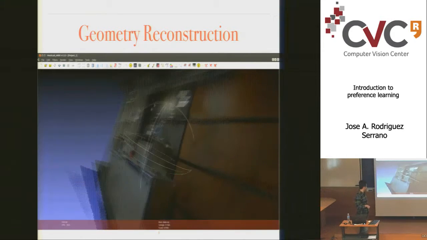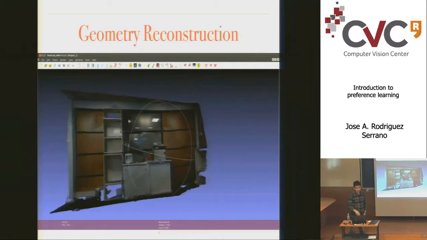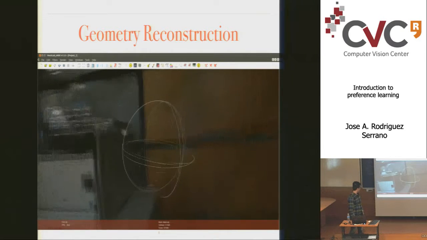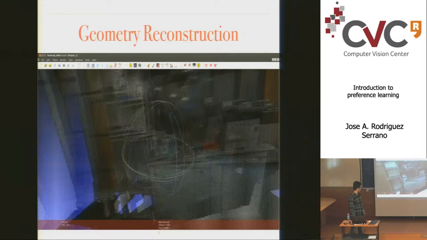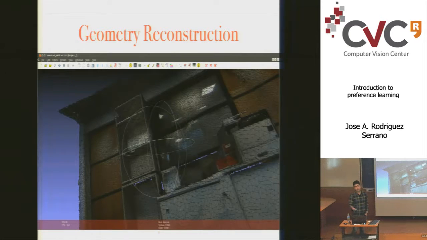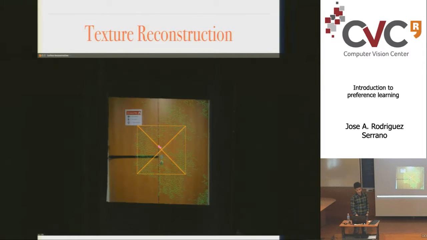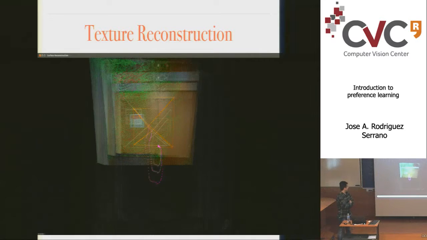So the next step is photometric reconstruction. As you see, at the end we have to build this geometry, which is encoded in a triangular mesh. And each triangle is also associated with a smaller texture map. This is what we call texture reconstruction.